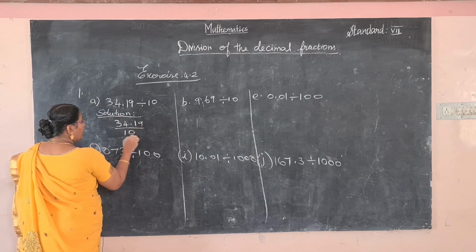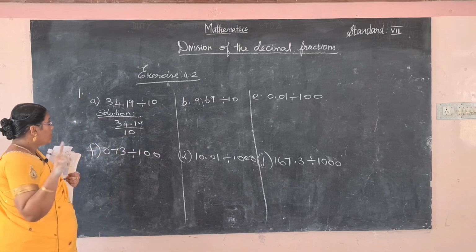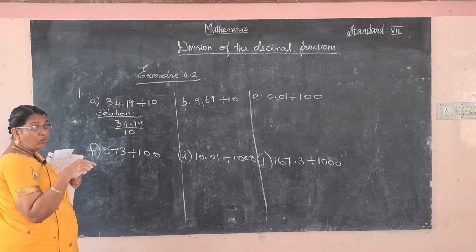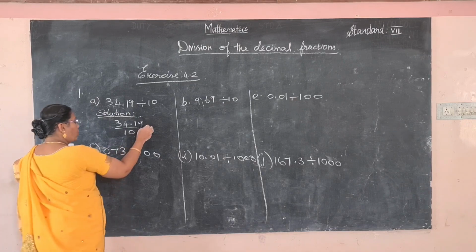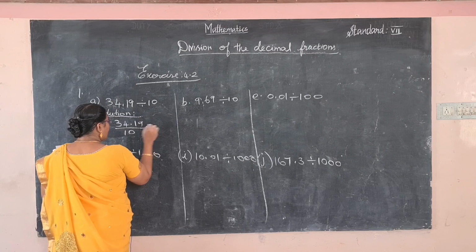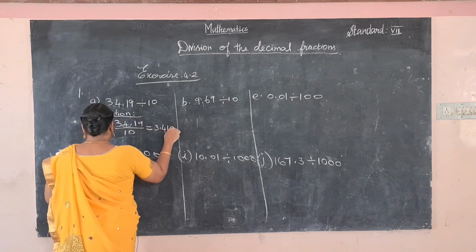34.19 divided by 10. So the divisor has only 1 zero. So the decimal point moves to the left side, 1 place. Okay, so move here. What is the answer? 3.419.